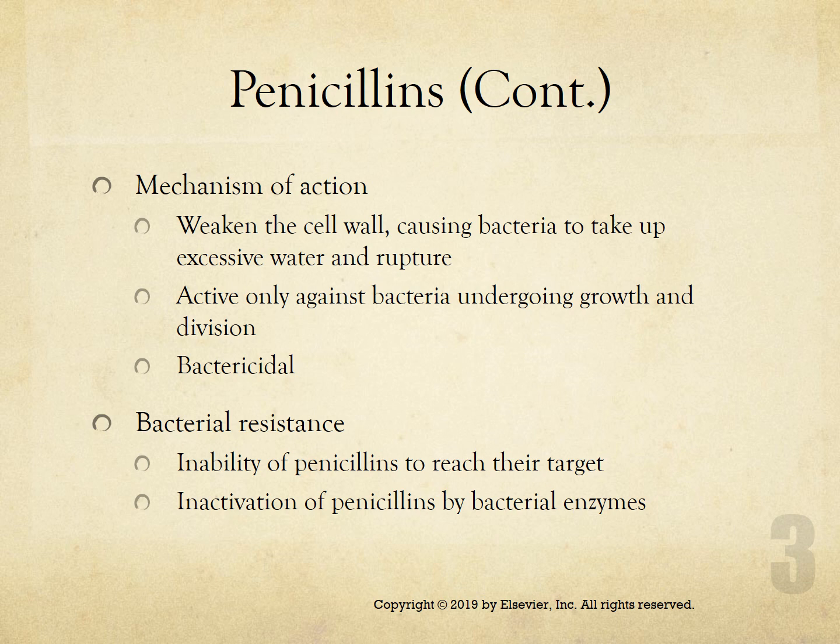How is bacterial resistance acquired? It is the inability of the penicillins to reach the target, and it is usually because they are inactivated by bacterial enzymes, and they attack that beta-lactam ring.